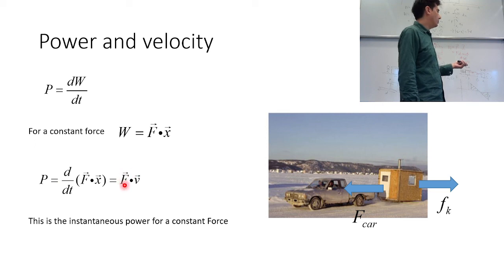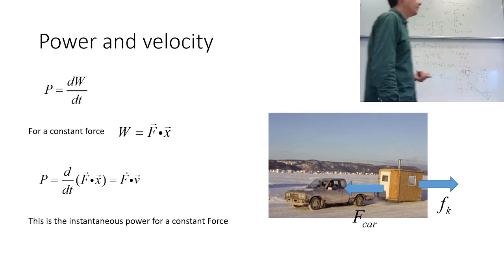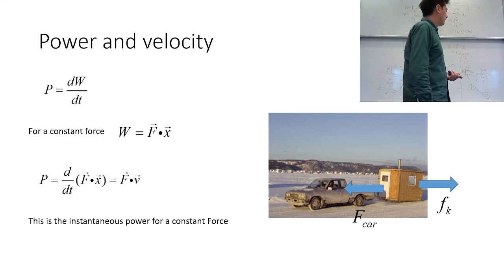Because the force is just a constant in this case, you can work out the power by multiplying force times velocity. I wouldn't say this is a very common formula, so I personally don't have that in my mind all the time.